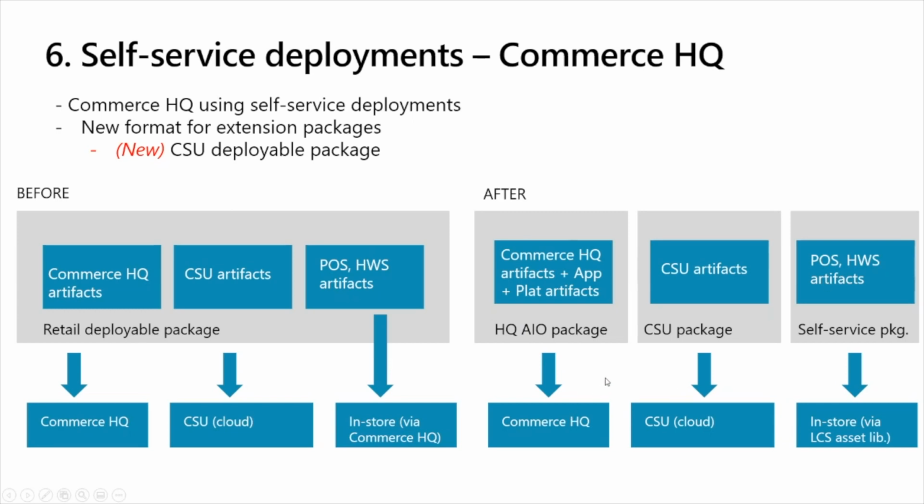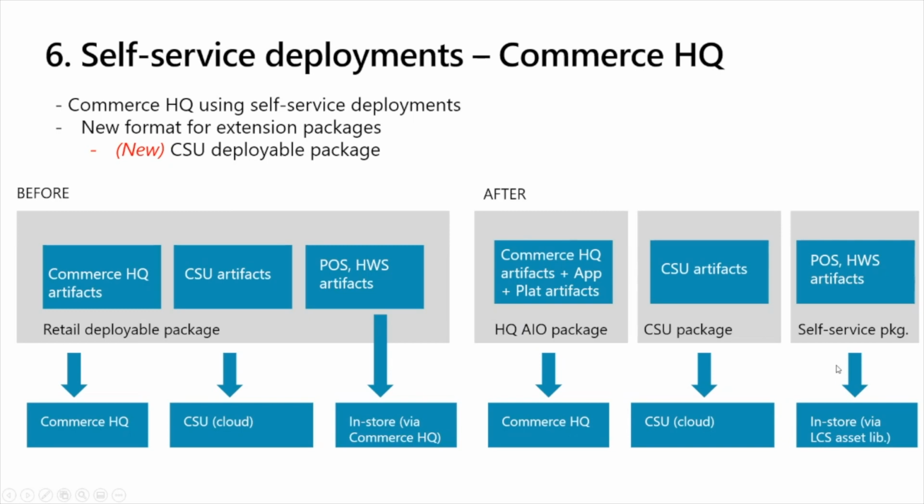The second benefit is your CSU deployments are also going to be much faster, they're going to upload faster, and they're going to fail much less than they have before, because CSU artifacts are also going to be very slimmed down in size. And the self-service packages themselves are also going to be slimmed down because they're not carrying the other package payloads within them.